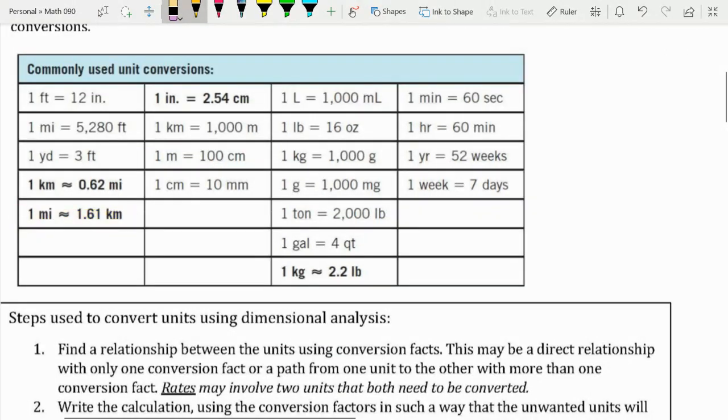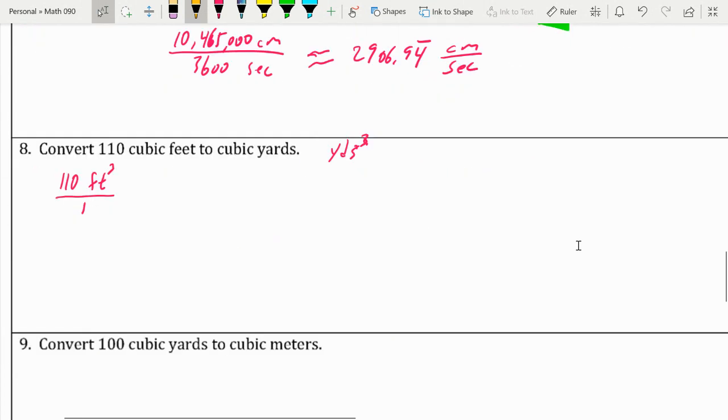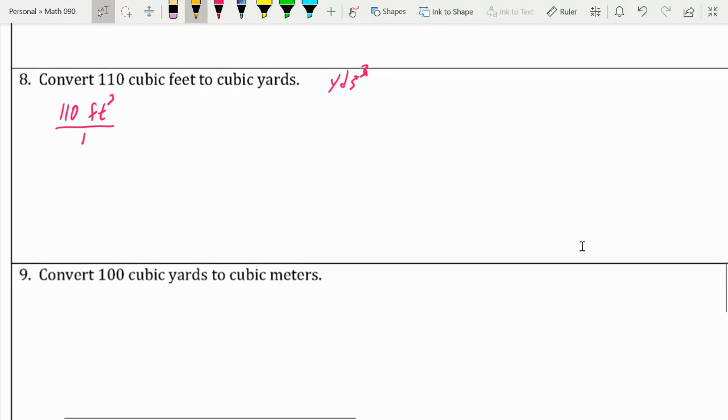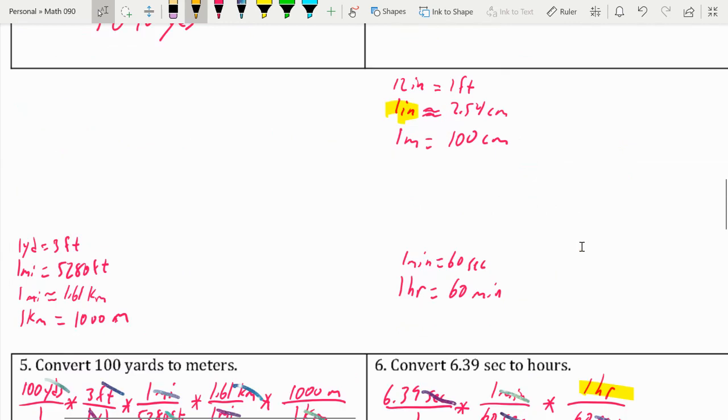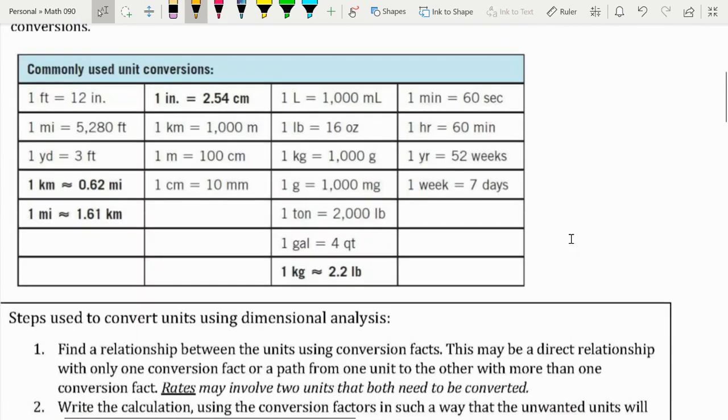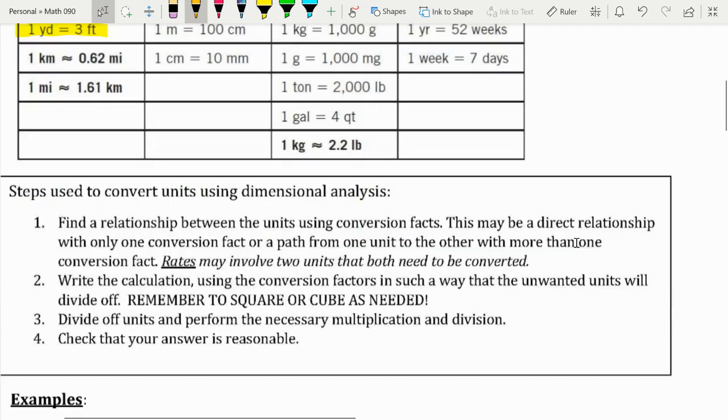If you look up here, there isn't anything that's going to help us here. We need cubic, so that means to the third power. That means you have to multiply 3 times. Looking at cubic feet to cubic yards, there isn't anything up here that's going to help us, except for 1 yard is equal to 3 feet.